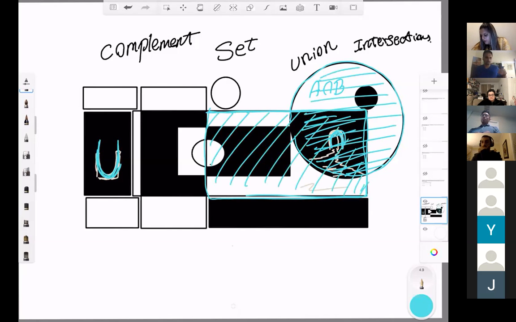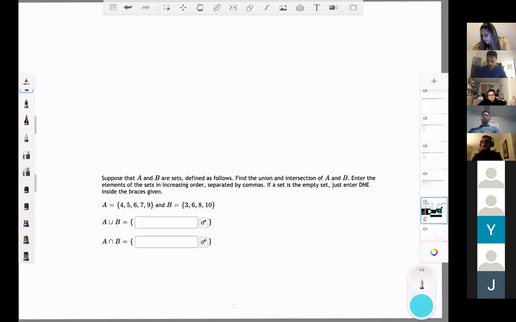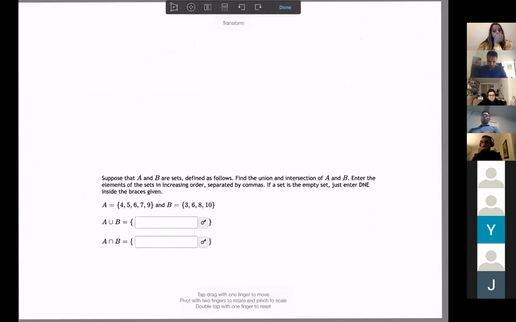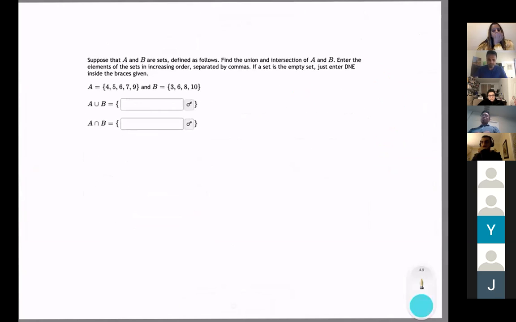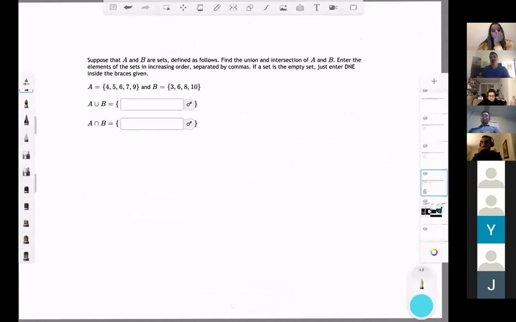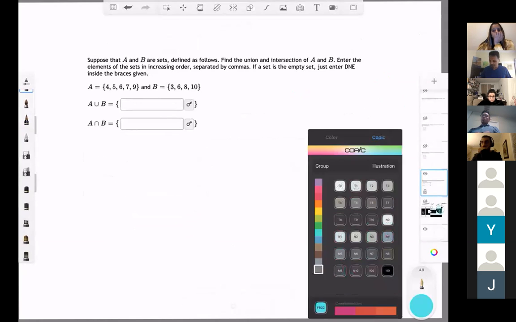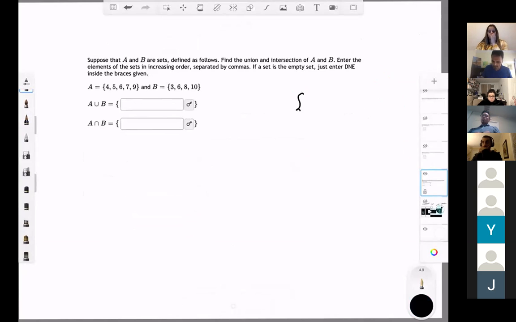Good. So now let's make some examples. First question. We have two sets. When you hear about sets, that means we are dealing with notation like this, and there are properties inside of this notation. Each element should be separated by a comma, correct?